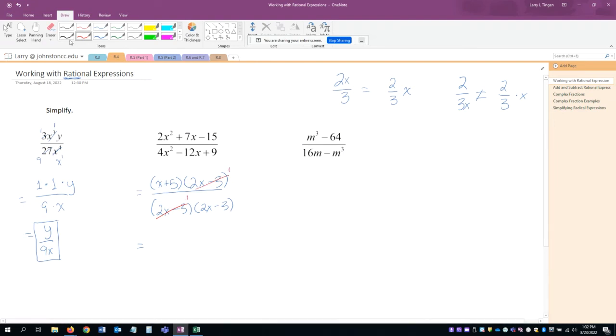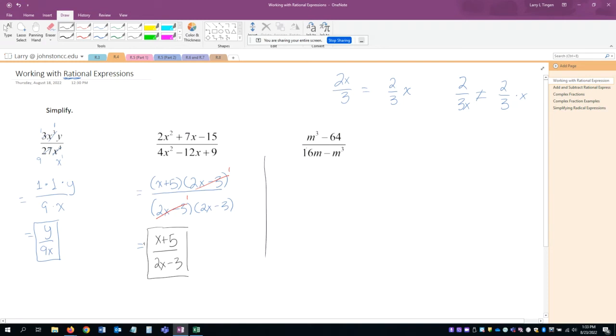The 2x minus 3's divide away, and I'm left with what? I've got x plus 5 in the numerator and 2x minus 3 in the denominator. When I make the video, I will go back and show you the bottoms up method to show you the factoring for those middle ones. But I think the goal here is not testing your factoring skills so much as it's just making sure that we can simplify rational expressions.